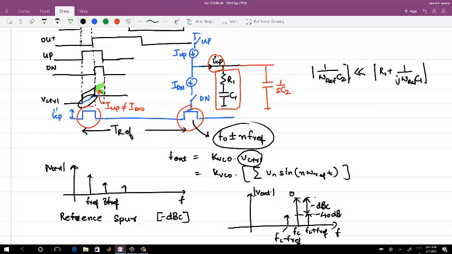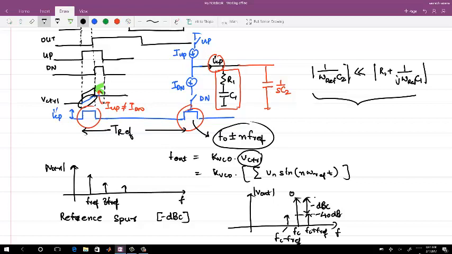Okay, let me ask this. If I am having this equation as such, what can you say the C2 should be, higher or lower? Omega ref is the reference frequency. Higher.